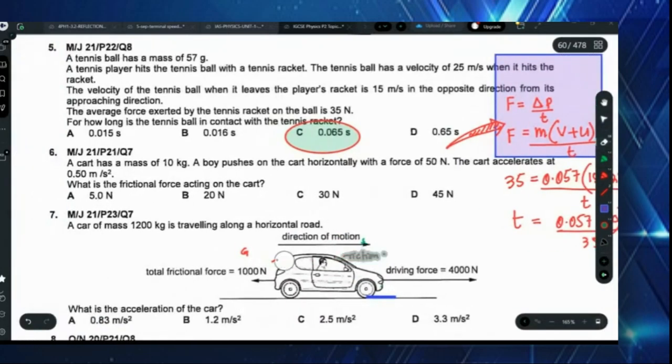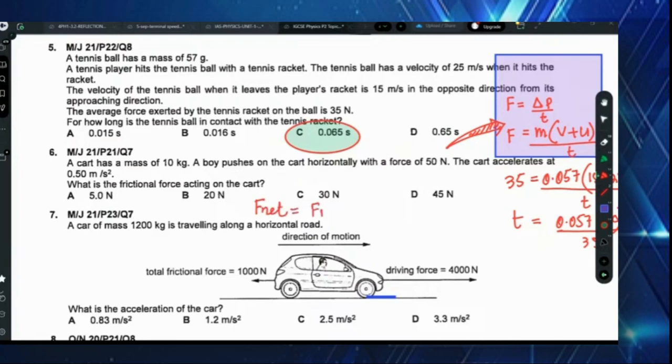Driving and friction force means we have F net equals F driving minus F resistive. So F net is equal to MA. Sorry, the space is very less here, but I will try to solve it.